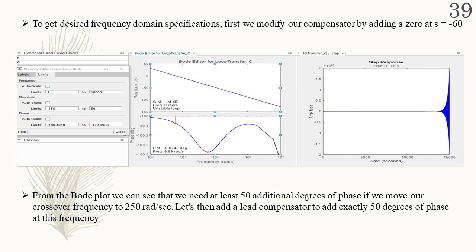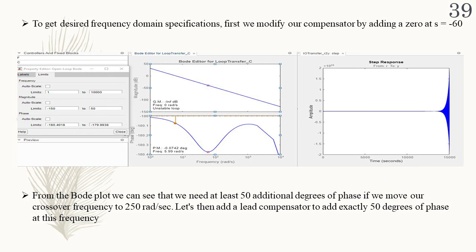To get that desired frequency domain specification, we add a zero at s equal to minus 60 to the compensator, and check the Bode plot and step response.